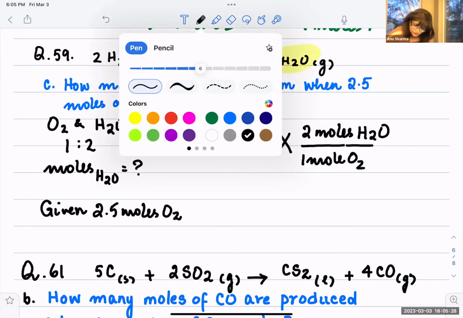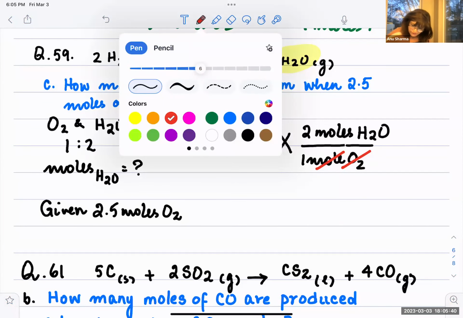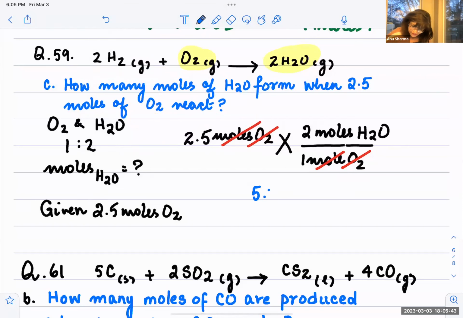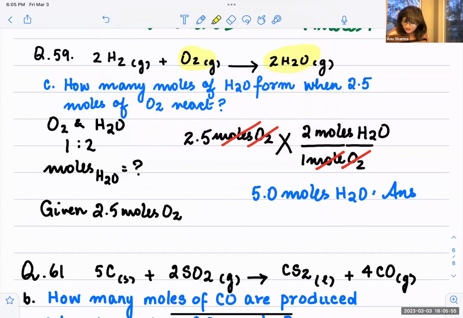So when you do it this way, you cancel out the moles of oxygen, and you just get the moles of water. So 2.5 times 2 is 5.0 moles of water, and that is the answer. That's how you show all the working, and you write down every single unit.